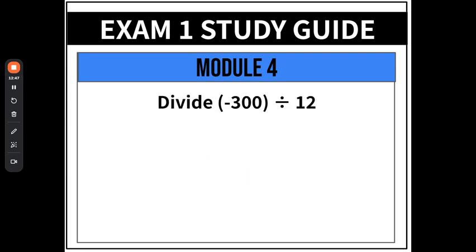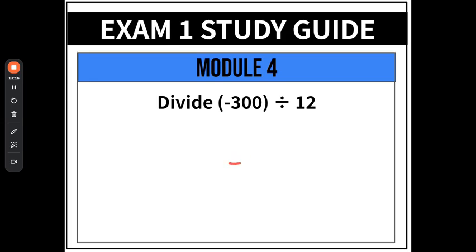We have parentheses negative 300 divided by 12. So the same rules apply for when you're multiplying integers as they do for dividing. So in the last question we had a negative times a negative, which gave us a positive, but in this question we have a negative divided by a positive, which is going to be a negative answer.